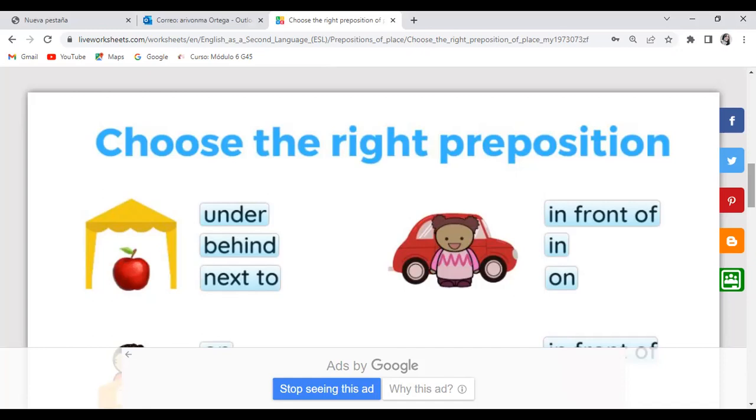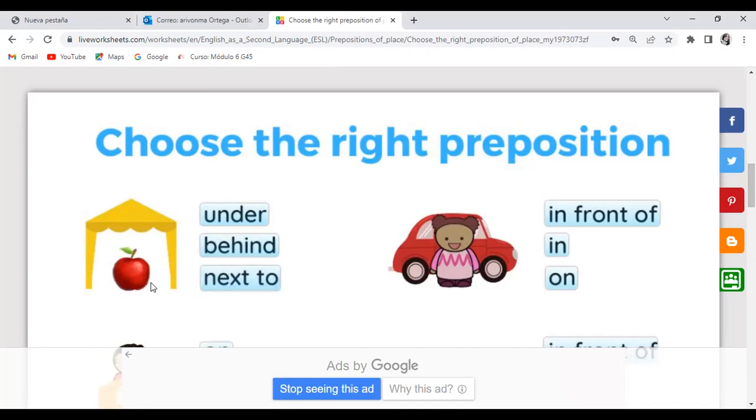So what about these things that we have? Can you tell me, where is the apple? Mom, where is my apple? You need to take it to school for lunch, guys. You take an apple. So you say, Mom, where is my apple? What do you say? The apple is under, behind, or next to the tent? What do you say, guys?